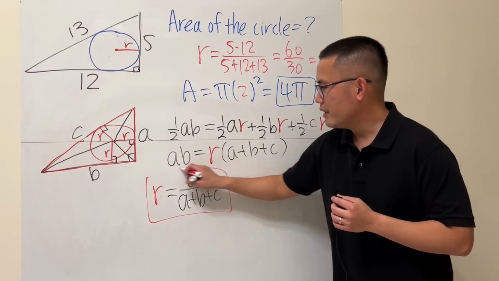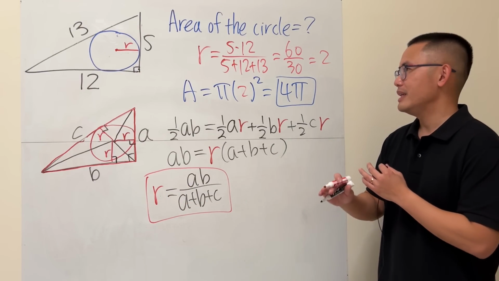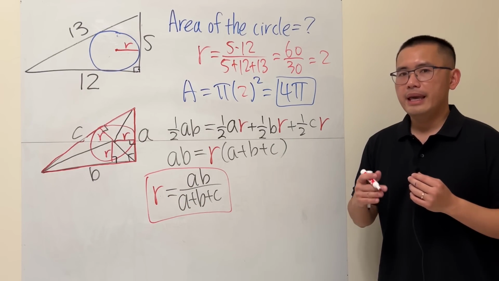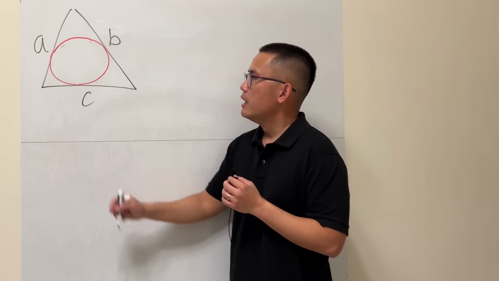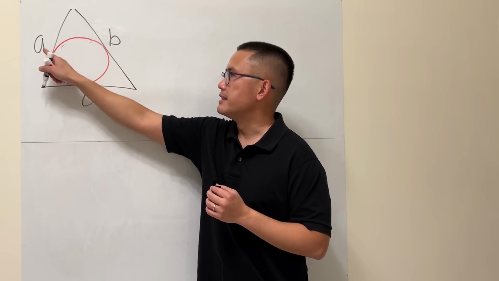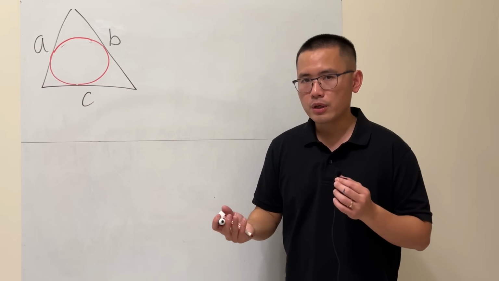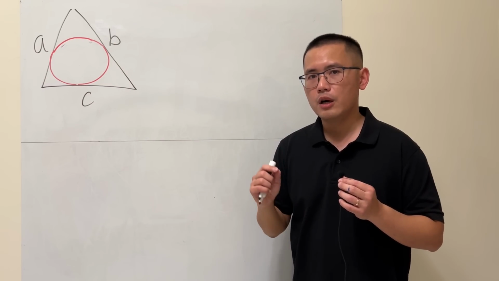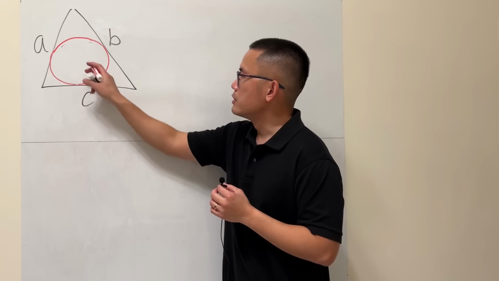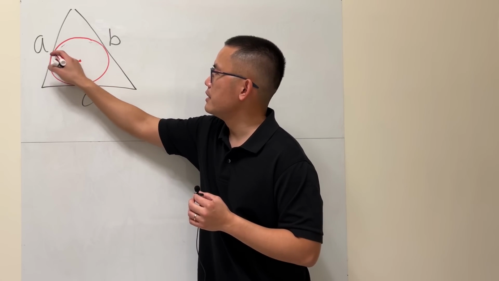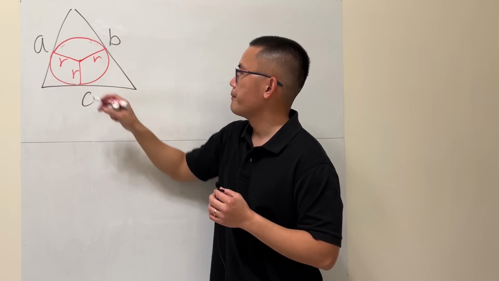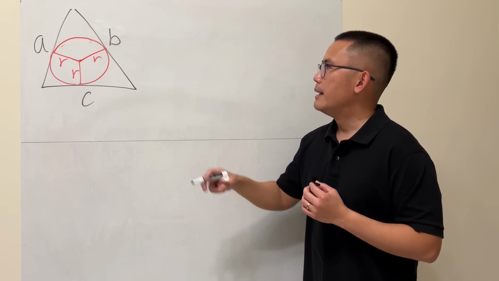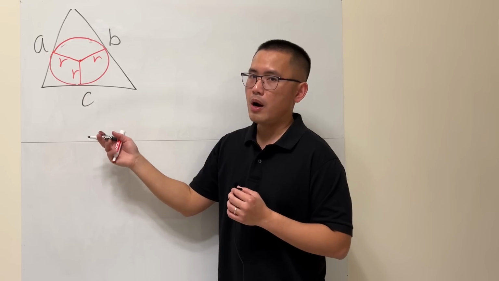So this right here, it's for right triangles. It works wonders. And now if you have any triangles, well, check this out. This is just a triangle with sides A, B, C, and our goal is still to find the radius of the incircle first. So let's say here is the center, here is R, and here's R, and here is also R. Well, I'm just going to break it down into 3 parts.